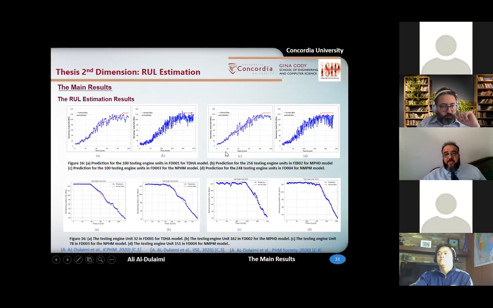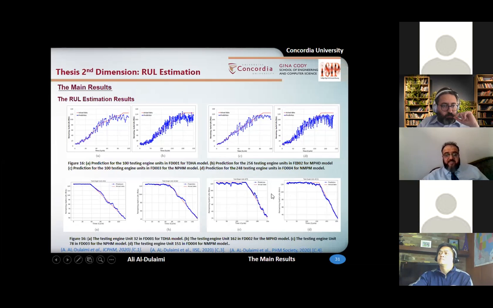And for the results, we can see in the first figure, figure 16, that the predicted RUL values closely follow the ground truth, especially when the RUL is small and the prognostic accuracy is highly needed.